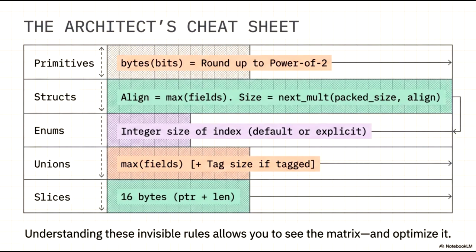In the case of enums, the size corresponds to the integer required to hold the index, which can be either default or explicitly specified. Unions occupy a space equal to their largest field, with an additional overhead for the tag size if a tagged union is utilized. Lastly, slices are generally 16 bytes in size, representing the combination of a pointer and a length. Recognizing these internal mechanics allows us to see through the abstraction and optimize our data structures effectively.